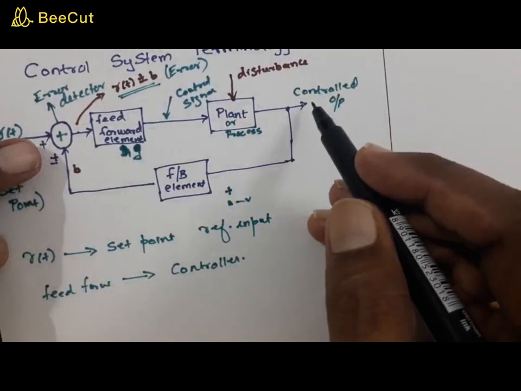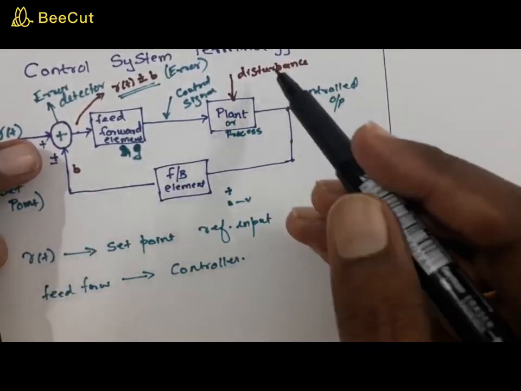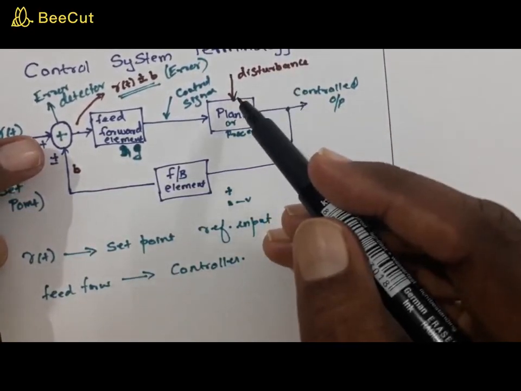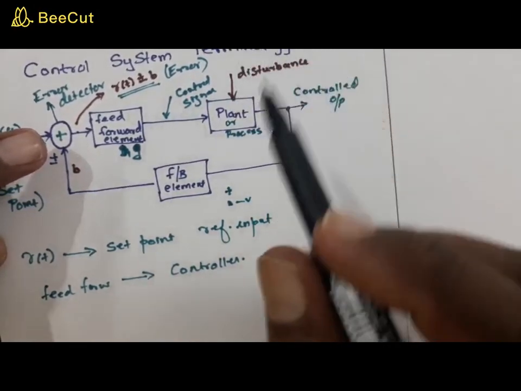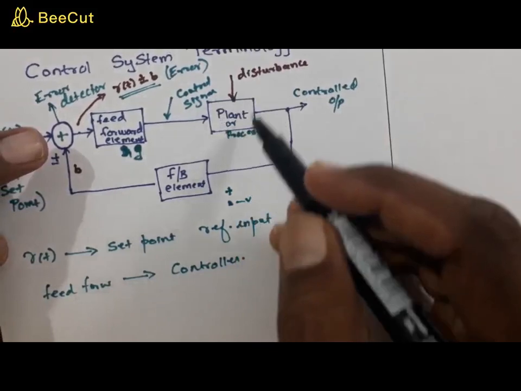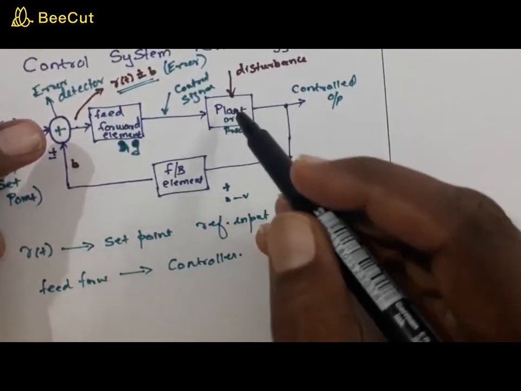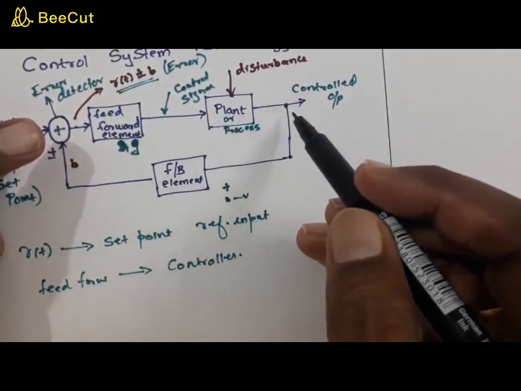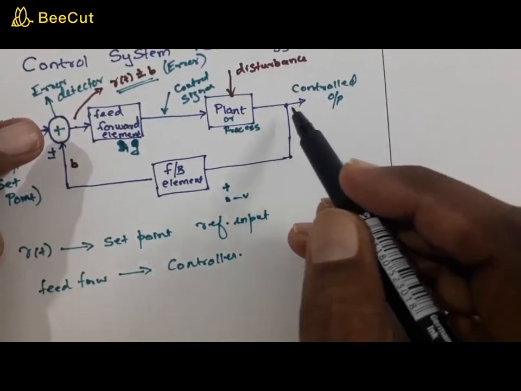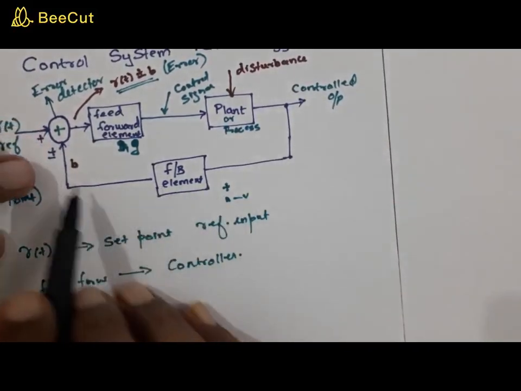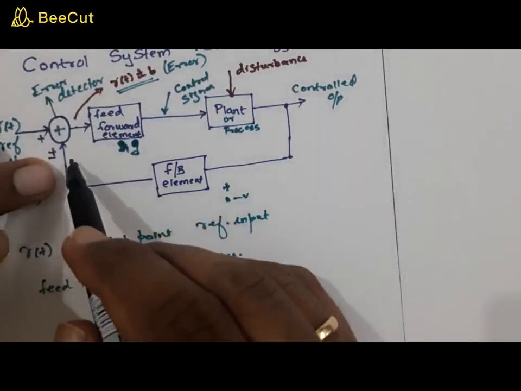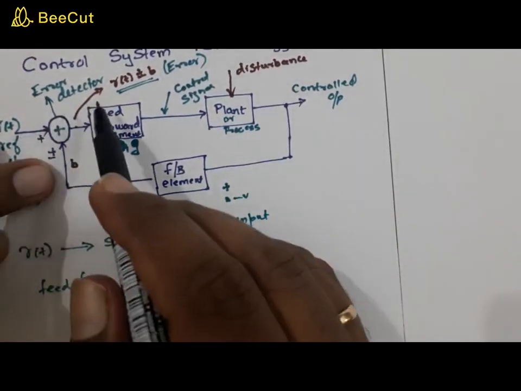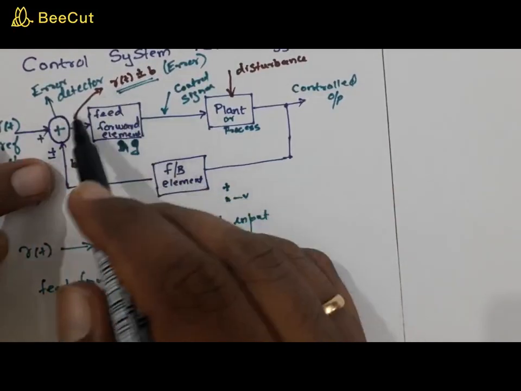Suppose, imagine that initially it is controlled and suddenly a disturbance came. Suppose the external temperature increases, and in some way it disturbs the plant. That means the controlled output is no longer a controlled output. That means there will be some feedback element, and because of the presence of B, there will be an error signal at the output.